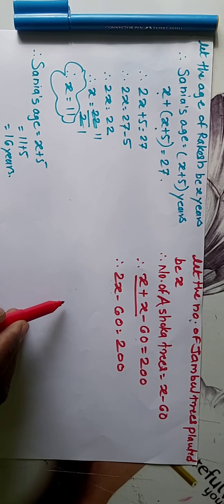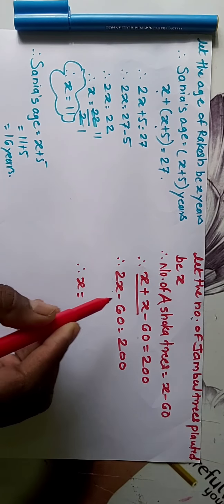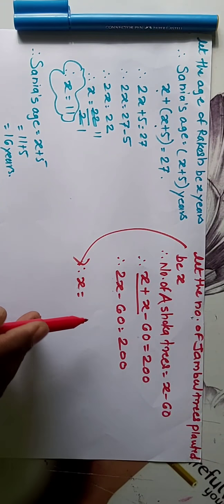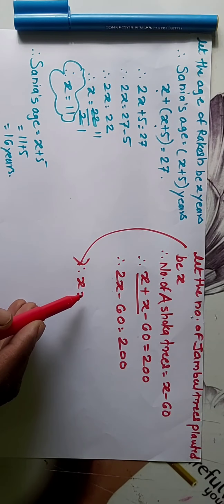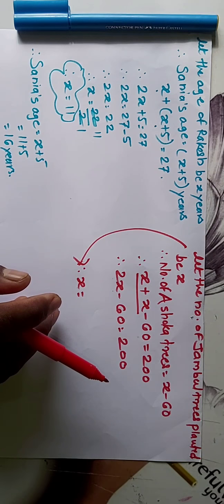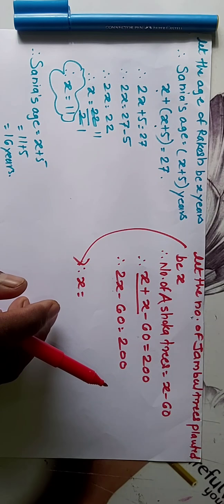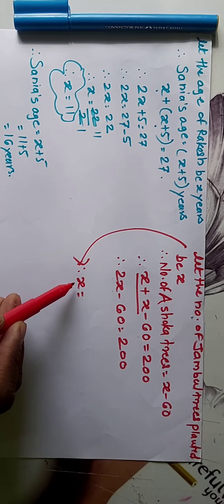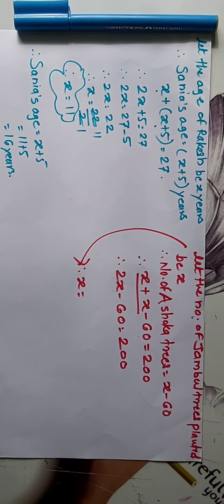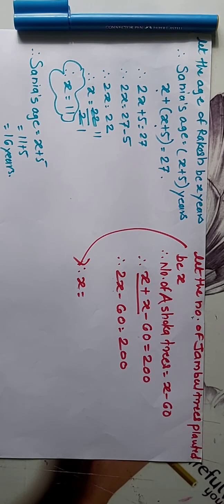When you solve this, you will get the value of x. x is the jambul trees, and the question asks for the jambul trees, so no need to find anything else. You will get the x value, that is the number of jambul trees. Okay, now students, we will solve the 6 and 7 examples.